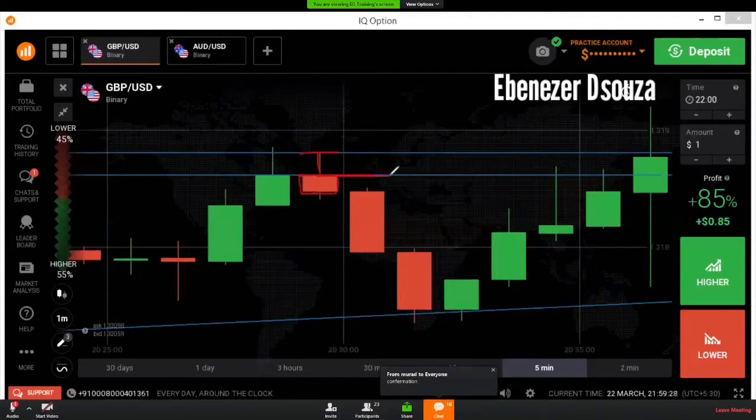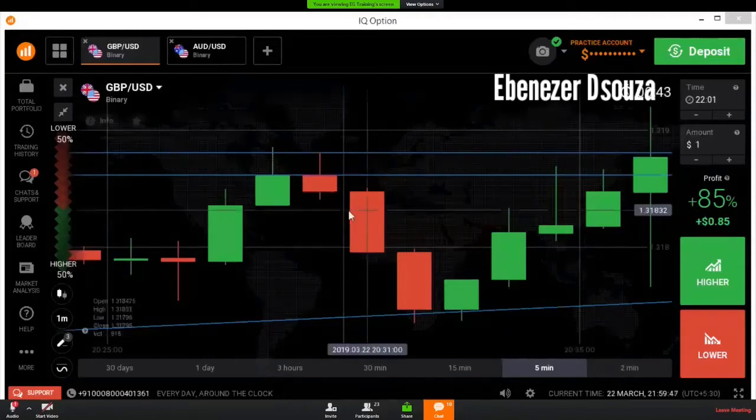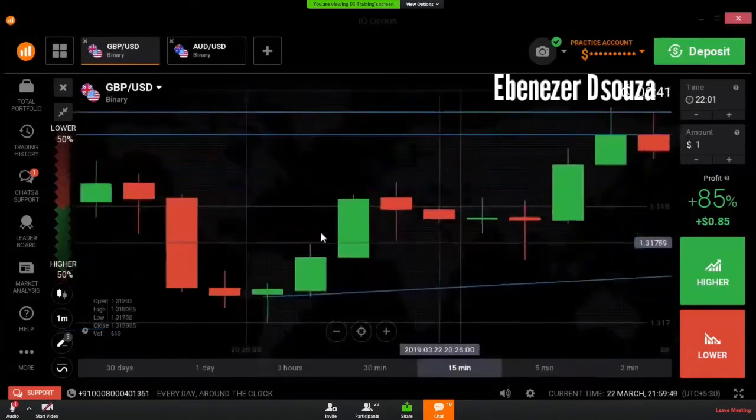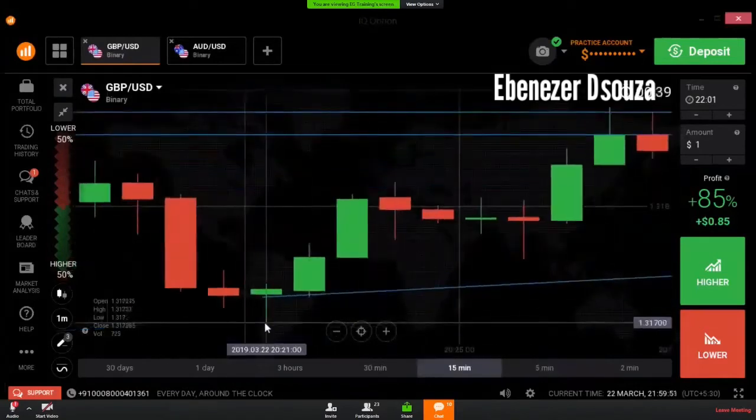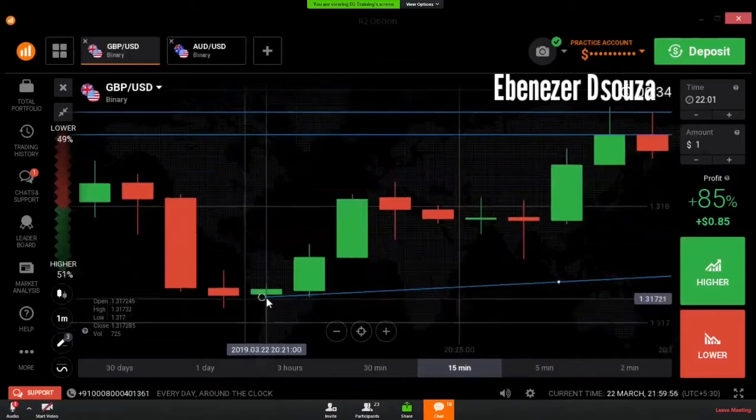Confirmation. I'm not explaining about confirmation. There are some sellers at this area, but we are seeing a seller's entry from this level directly. Similarly, here also we are seeing a buyer's entry from this level, and we are seeing buyers from this level.